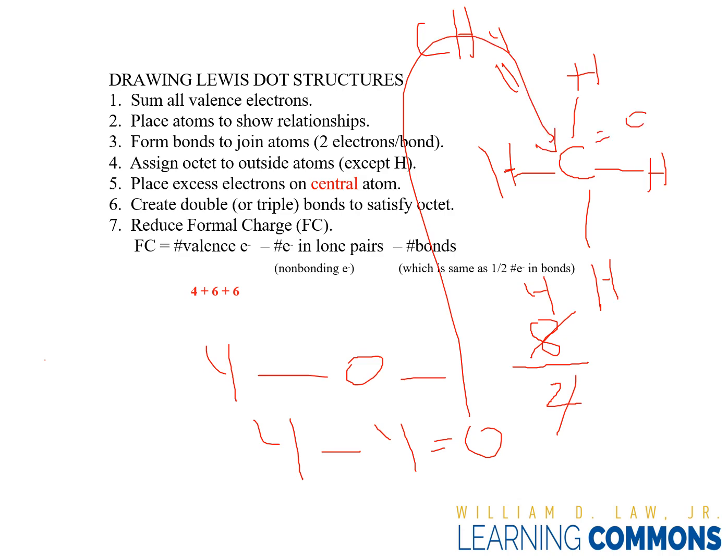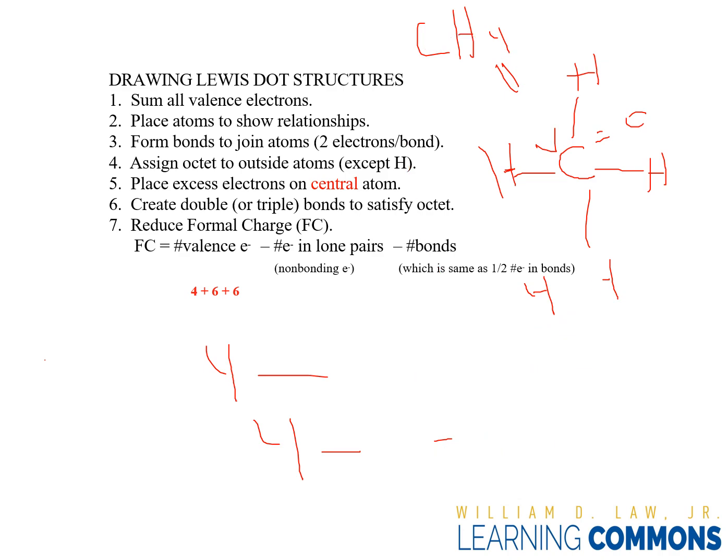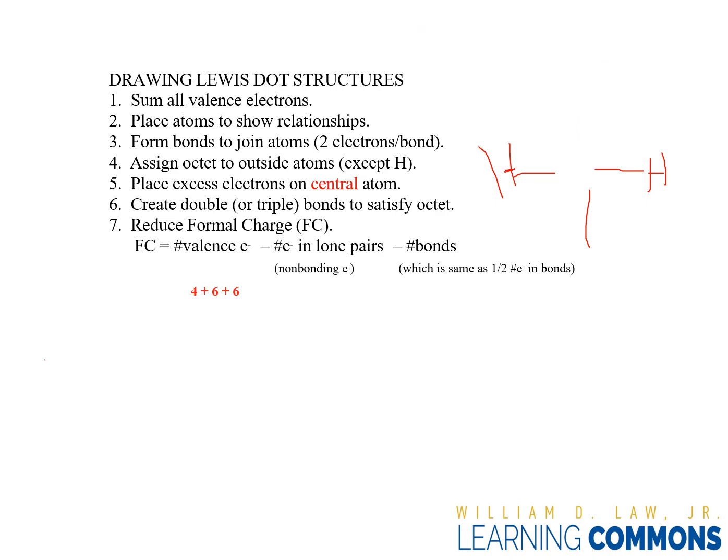Just keep it very simple and follow the rule for the formal charge to find the charge on each element, like the carbon or the hydrogen or the oxygen or any element in the compound.